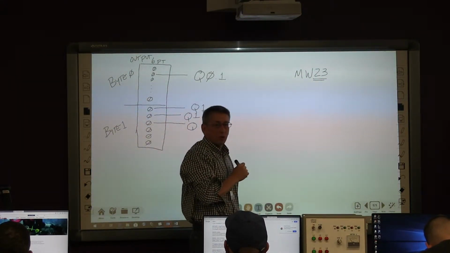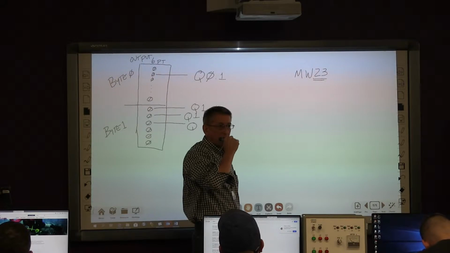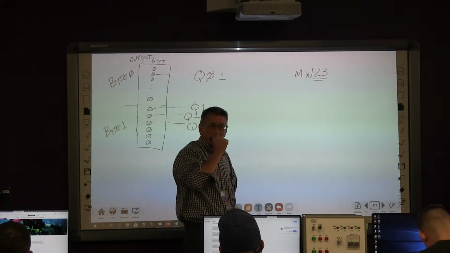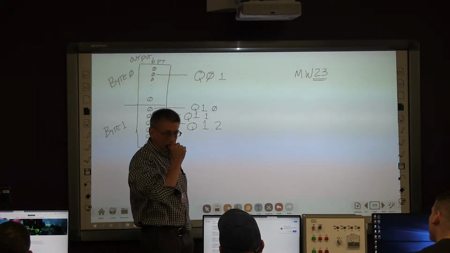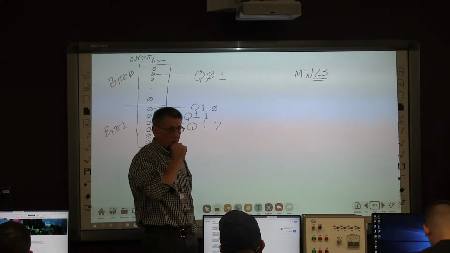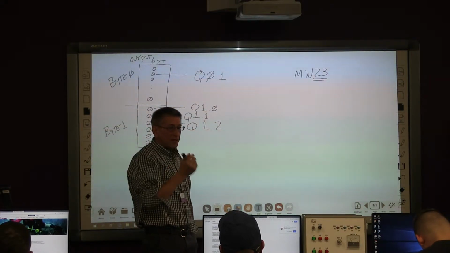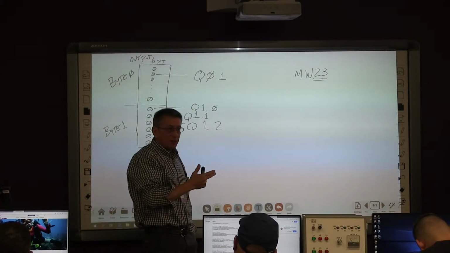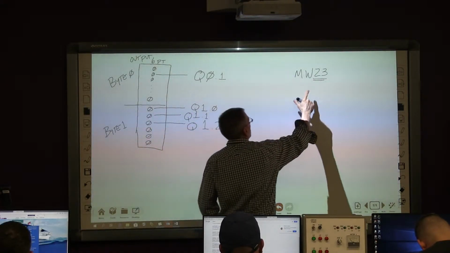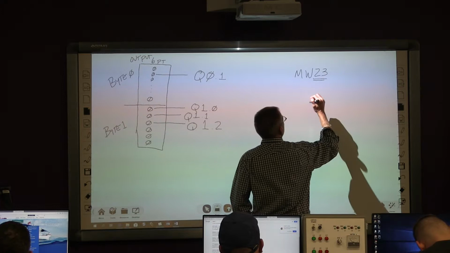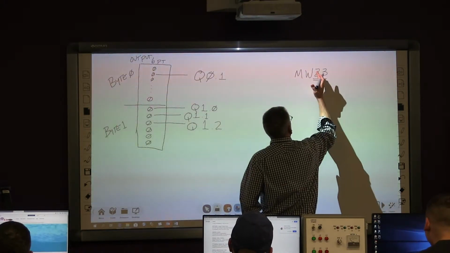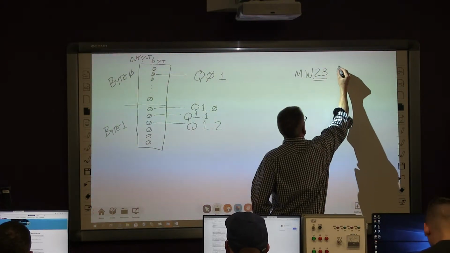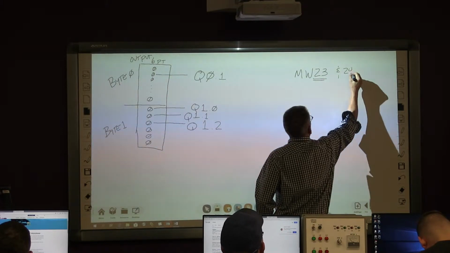How many bytes are in a word? 2 bytes in a word, right? 16 bits are in a word, 8 bits are in a byte. So here's the starting byte address. Technically, it's MW23 and 24.